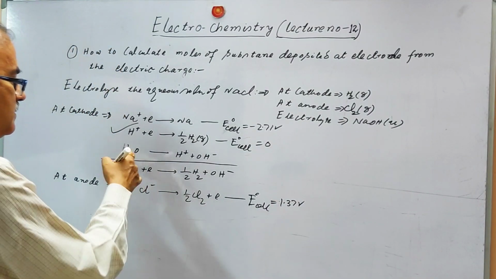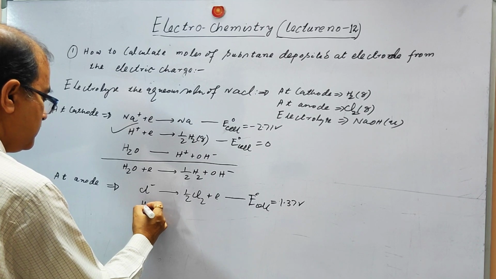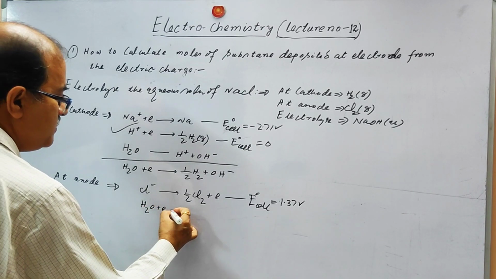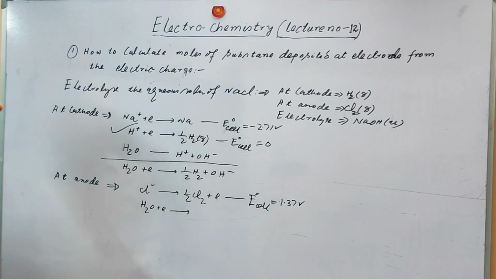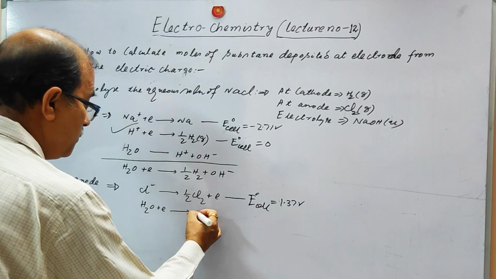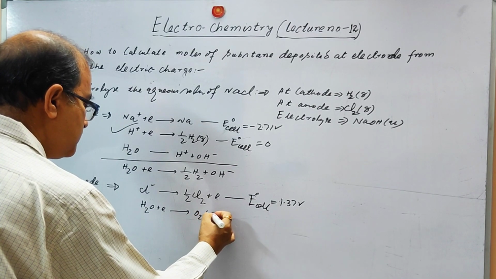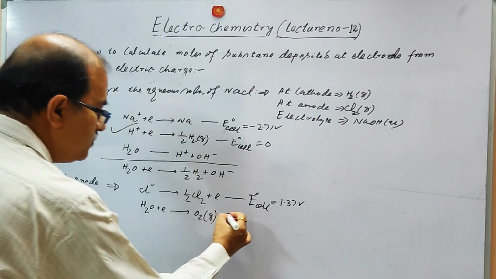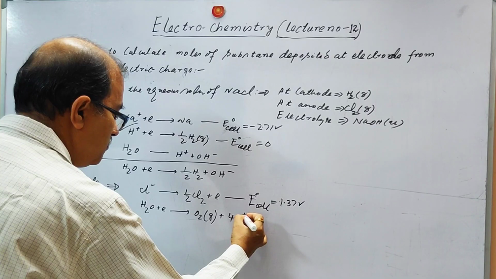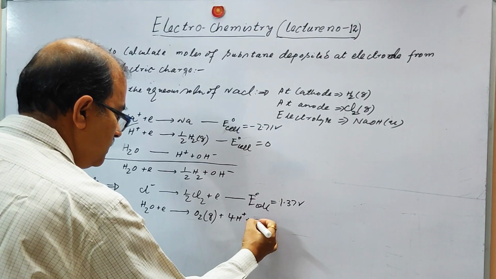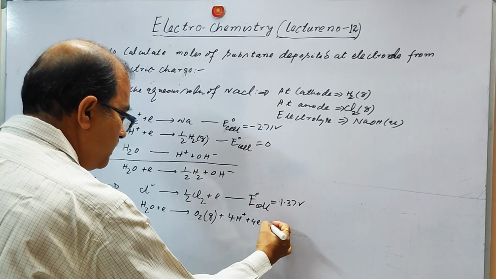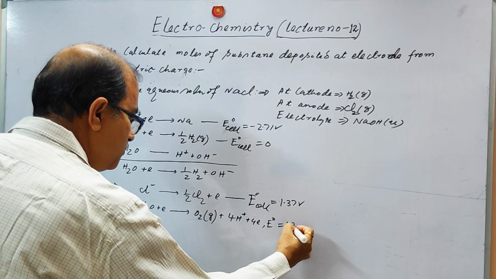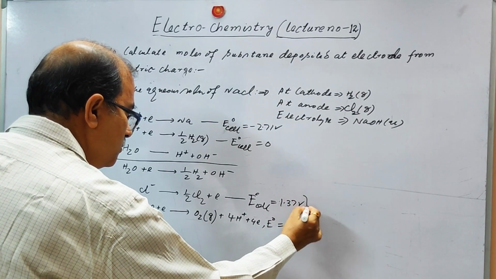Whereas in another reaction, H2O also has a probability of being oxidized, and it will produce oxygen gas plus 4H plus plus 4e minus, and its electrode potential is 1.23 volt.